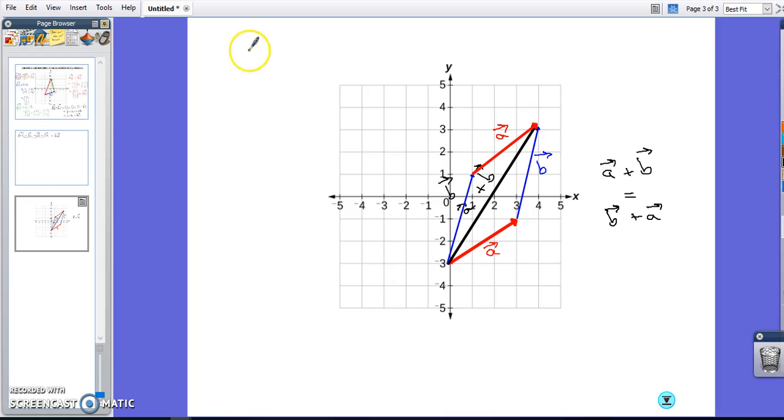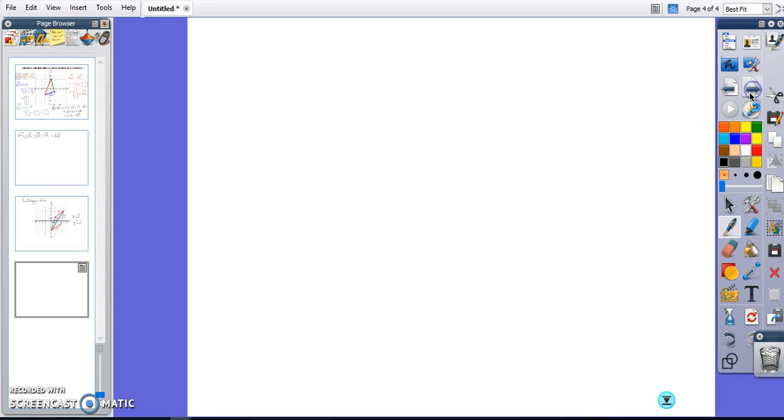This is known as the parallelogram rule. Because if you tilt your head slightly, you can see that this is a parallelogram with sides a and b. And we can use this rule to do calculations related to parallelograms.